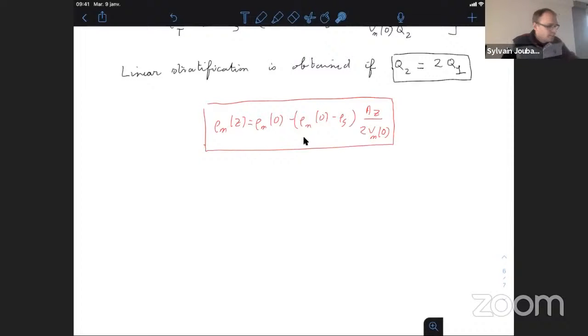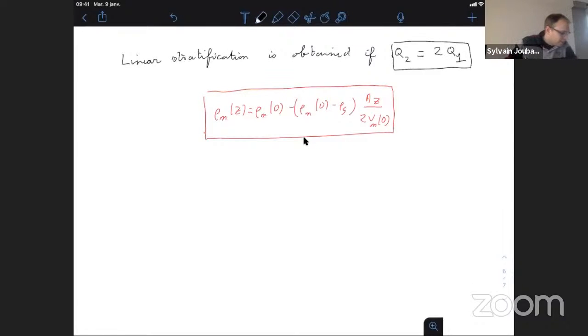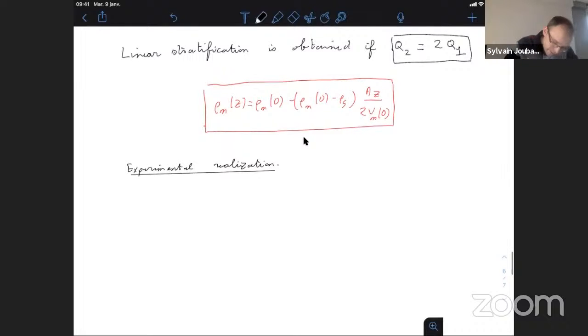So that's in theory. And this method is easy to implement experimentally. Realization easy to implement.